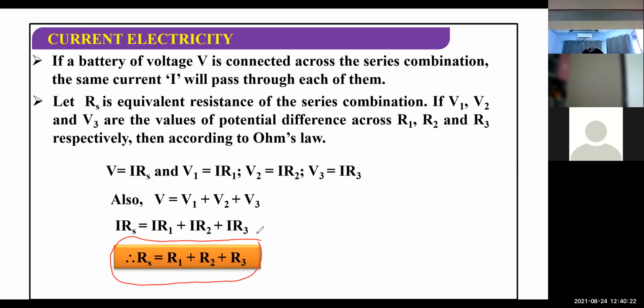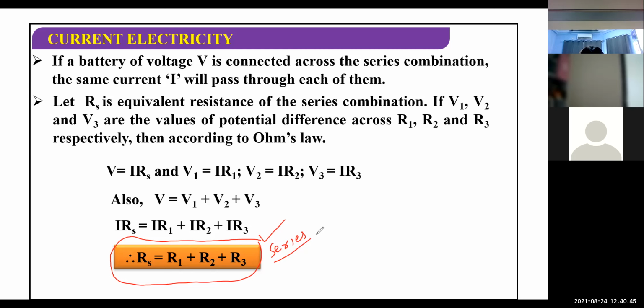In series combination, children, remember that the total resistance, or effective resistance, or equivalent resistance, is calculated by the sum of all the resistances in series. This result is valid only for series combination. It is not valid for parallel combinations.